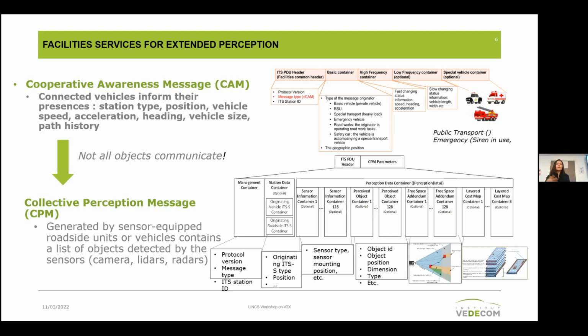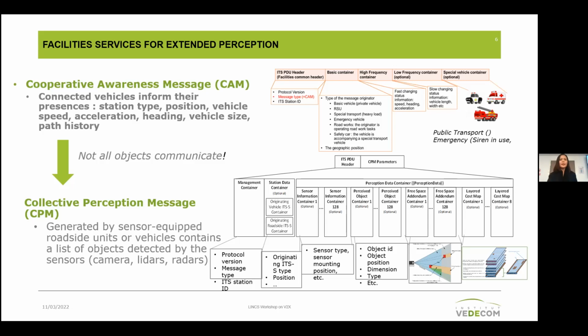So now there is the second message, called the Collective Perception Message, which has been mentioned several times yesterday and also today. It is basically to help, even when objects are not communicating, to still inform of the presence of these objects.